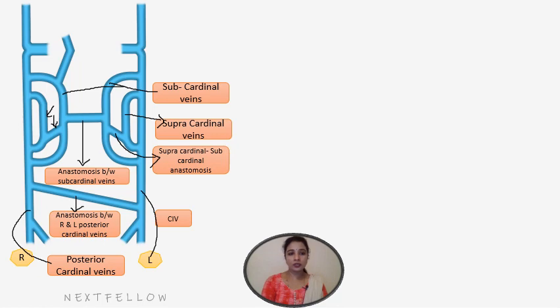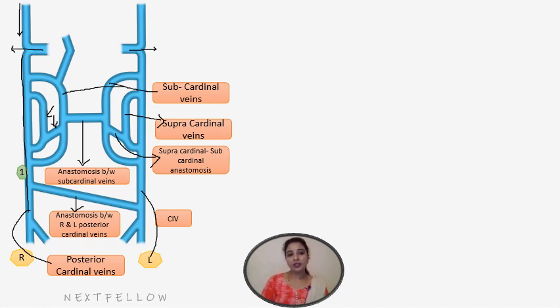From here to here is the posterior cardinal vein, and here to here is the anterior cardinal vein. The veins present on each side here are the common cardinal veins.